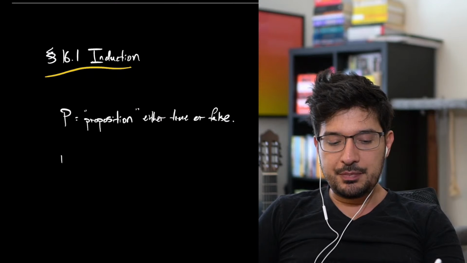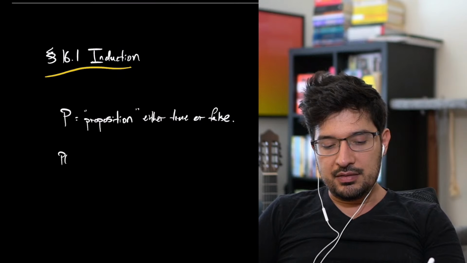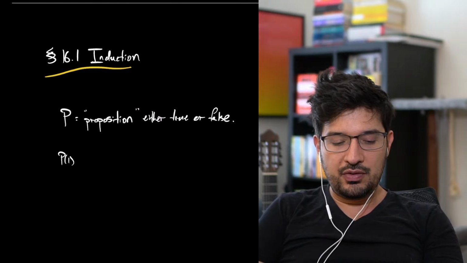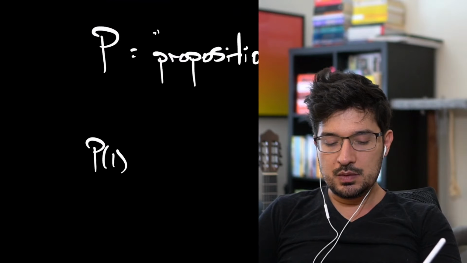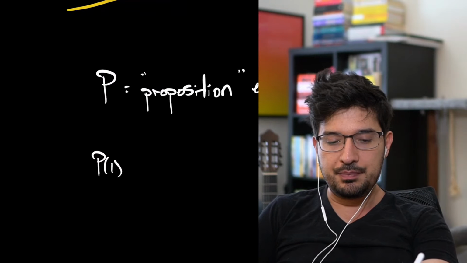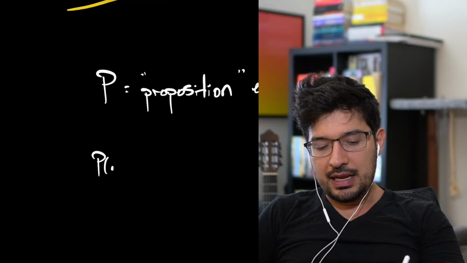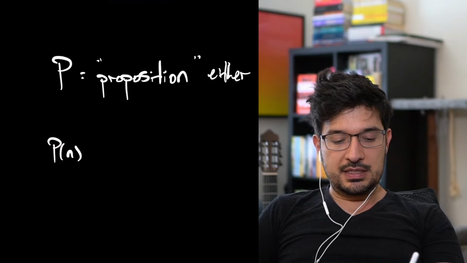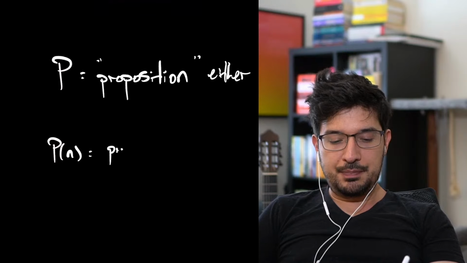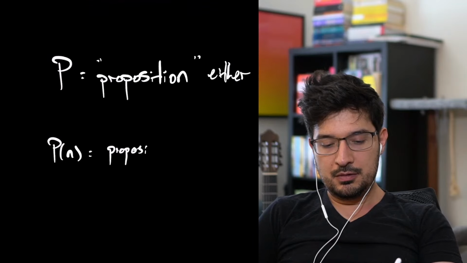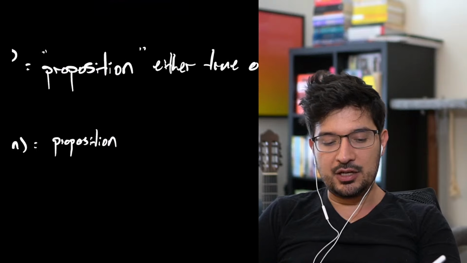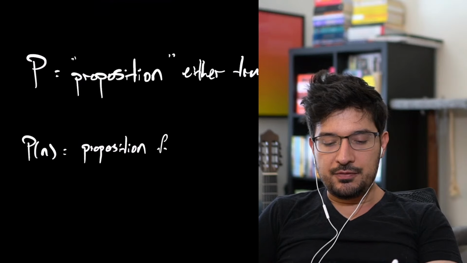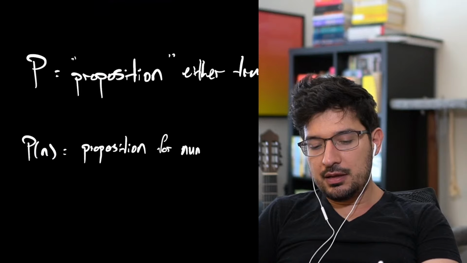The idea of mathematical induction is that there are some claims that are claims on a number. So this is a proposition or an identity, an equation for a number n.